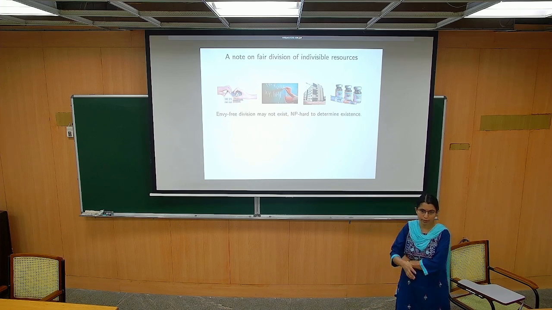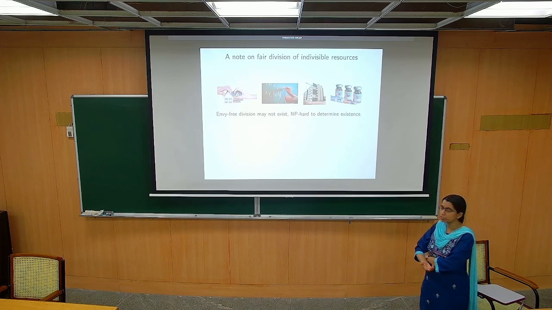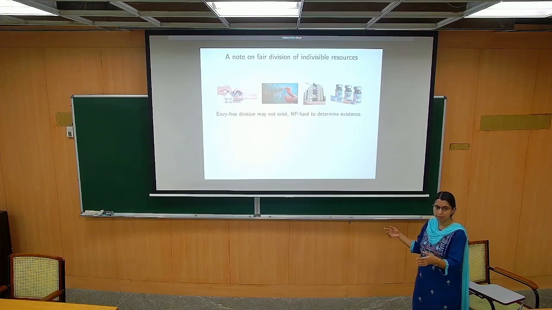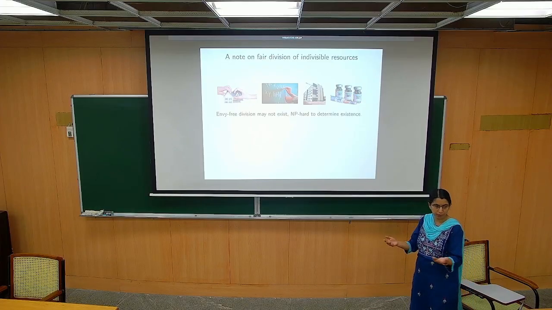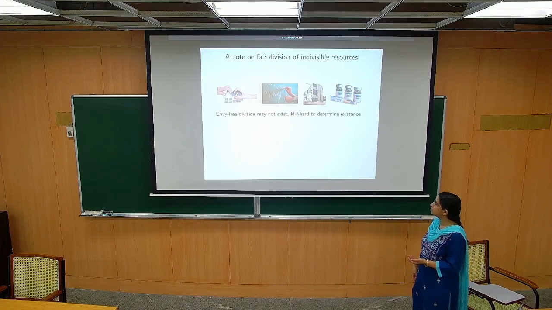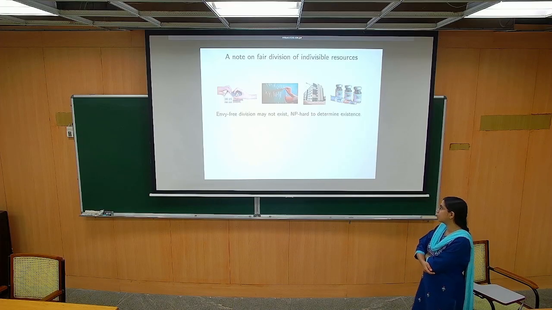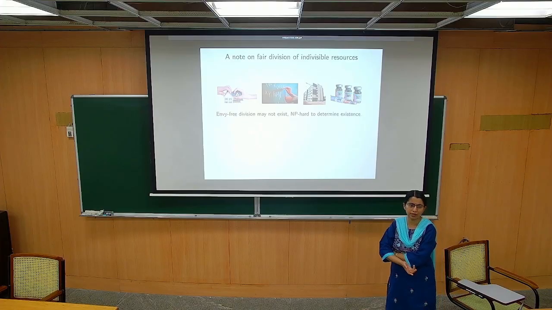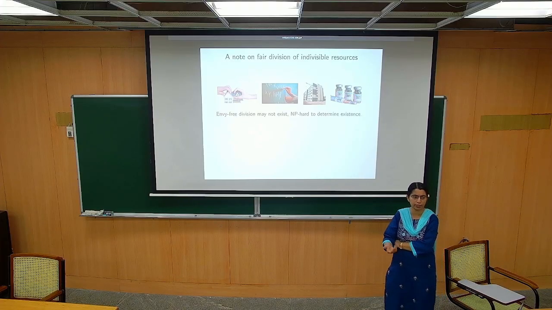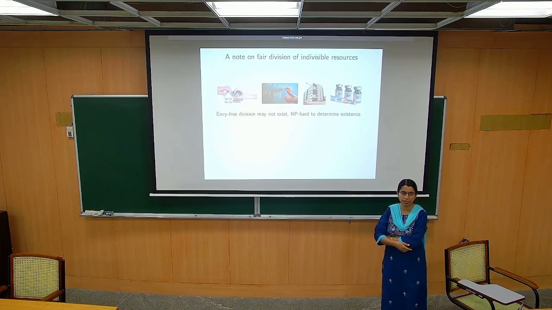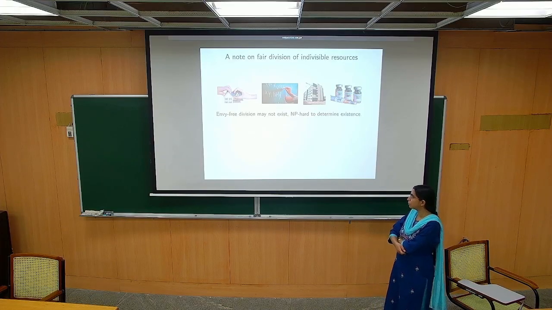We have to give an entire item to that agent. So if we have indivisible items and we want to assign or divide them among agents, again we cannot split the items, and hence NV-free division may not exist. Simplest thing is to see that if there are 2 agents and only 1 item, no matter whom we give that item, there will be envy. So NV-freeness is out of the question when we talk about indivisible resources.